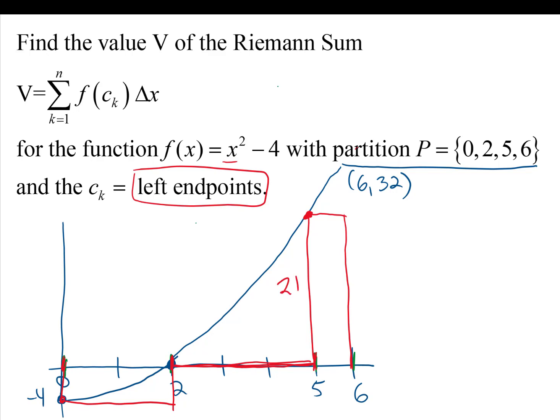So now we want to figure out this sum. We're going to be summing where k goes from 1 to 3 because we have 3 different intervals here.